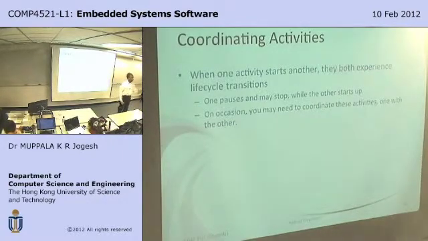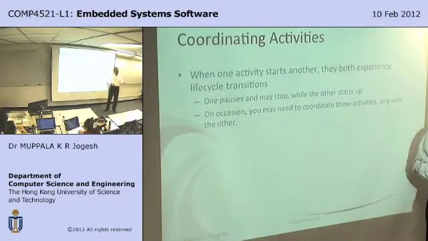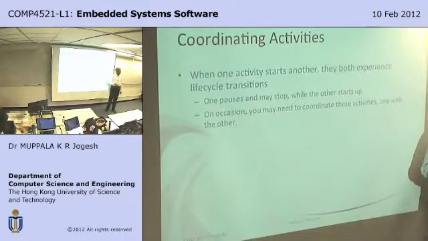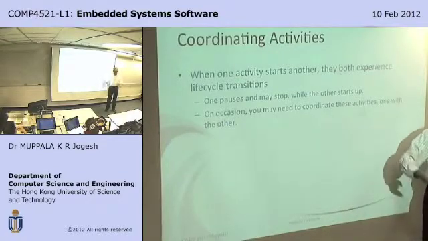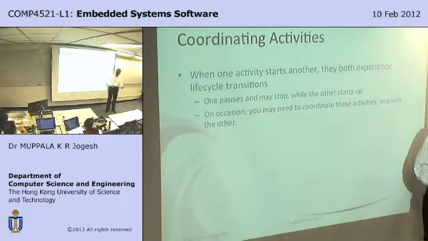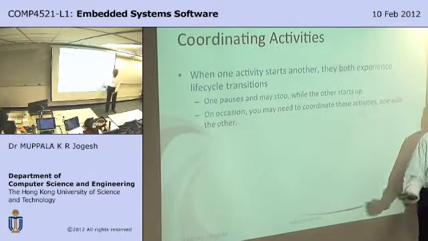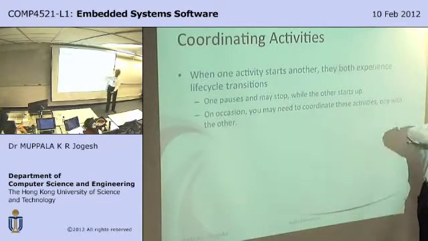Okay? So when one activity issues an intent call and says start this other activity, you do realize that the activity that is trying to start has to now move back, go into the background, into the stop state, so that this other activity will come up and occupy the foreground.